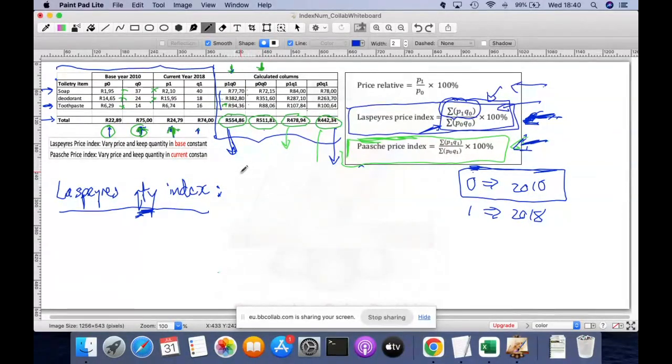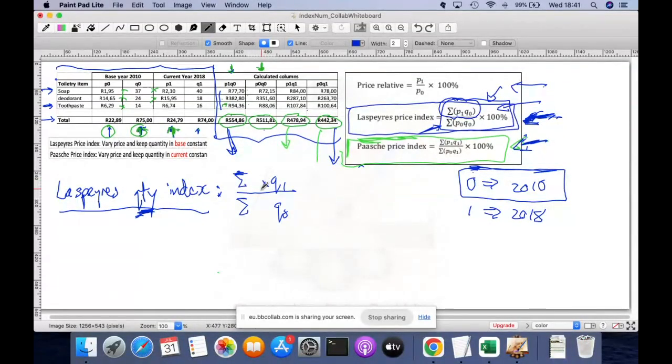We always look at how it has changed from the base period going to the current period, so we'll always have the base period in the denominator. So the q in the bottom is the base period q, q naught, and the top is going to be q1. Because we're working on the quantity index, quantity has to vary, so you need q1 on the top, q naught on the bottom. Now we need to decide which p we are using.